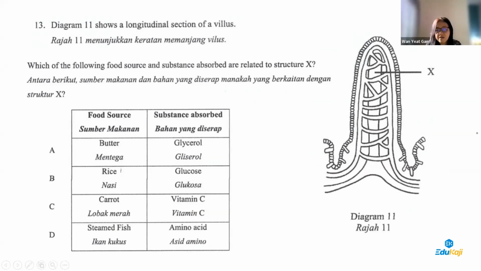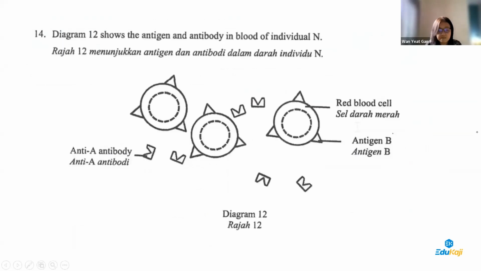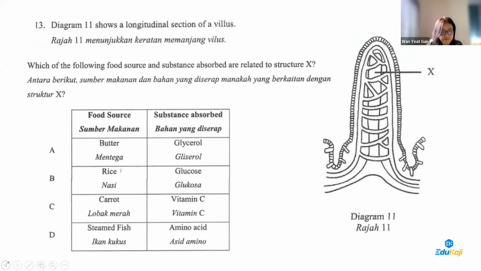Now, structure X is actually lacteal. For the lacteal, the food source is butter, and the substances absorbed are fatty acids and glycerol.